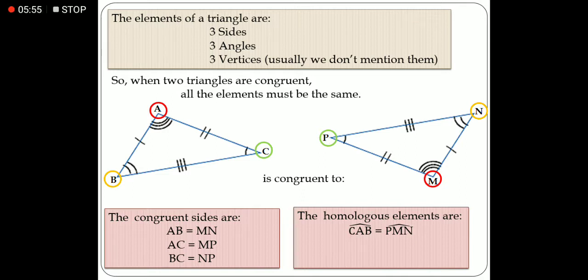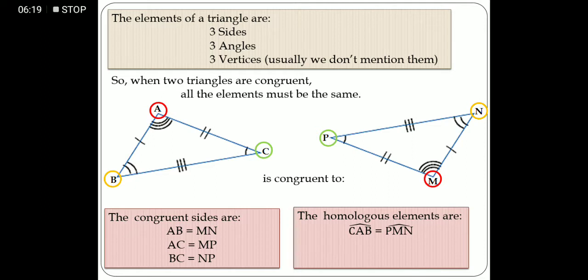Since three sides are equal to each other, the triangles are congruent, so the angles are equal to each other. Here, for example, CAB, the angle with vertex A, holds two sides, AB and AC. Look with me at the second triangle.